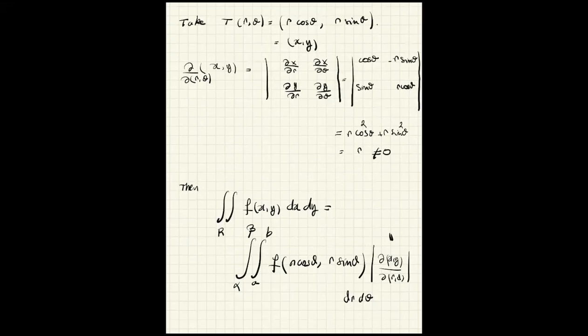And this is exactly equal to r, right? So this is what I told you, do not forget r. It's a Jacobian, right?